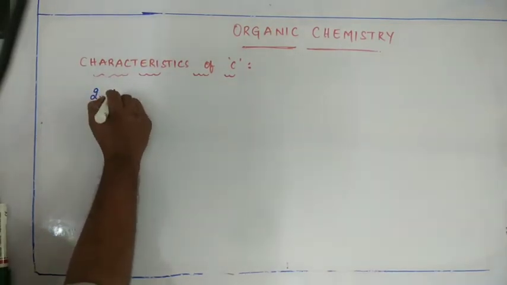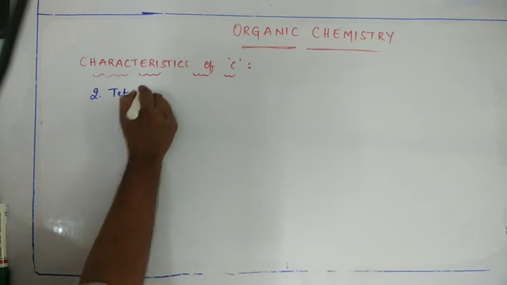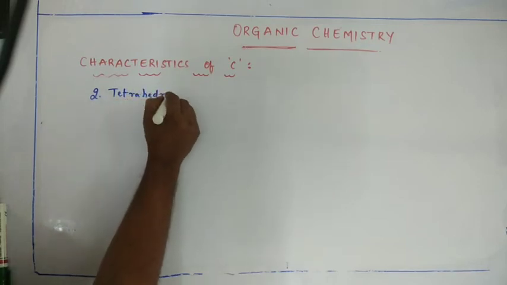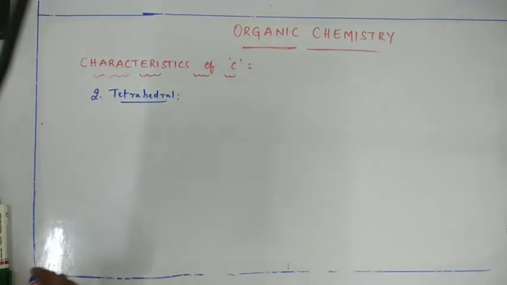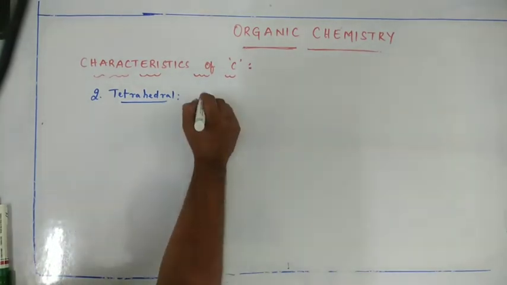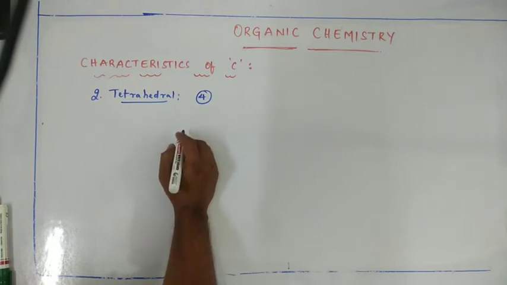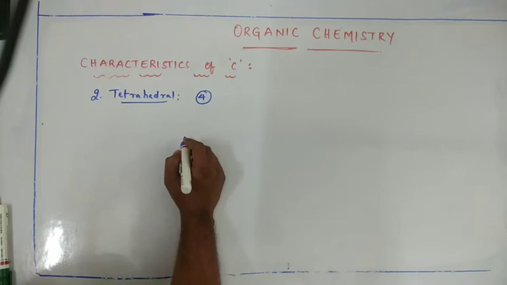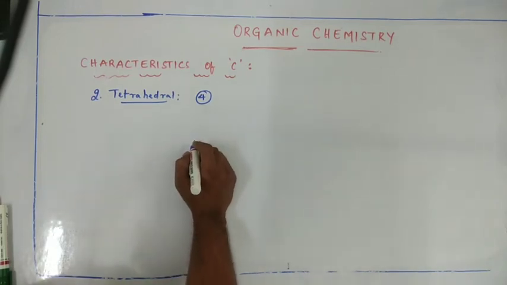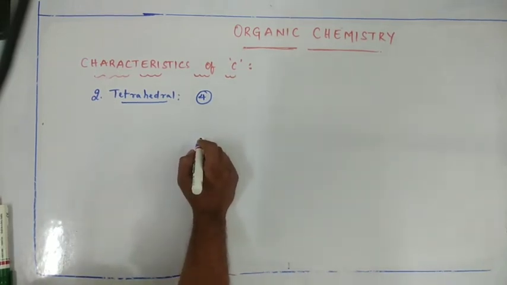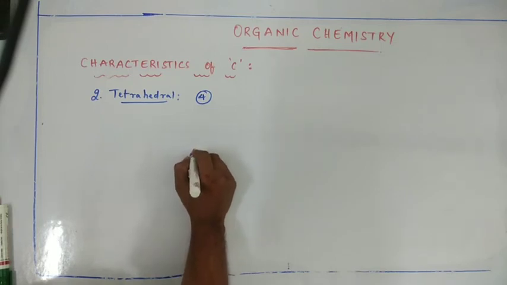The second one is tetrahedral shape. Carbon has a valency of 4, so it can form 4 covalent bonds with other atoms. These 4 atoms or groups are directed towards the corners of a regular tetrahedron.